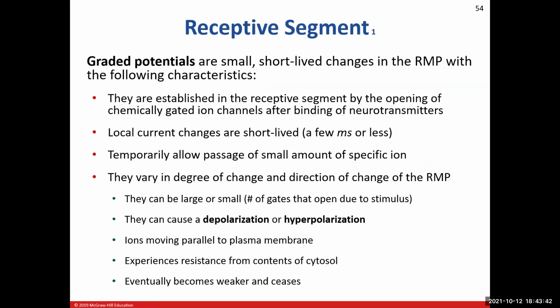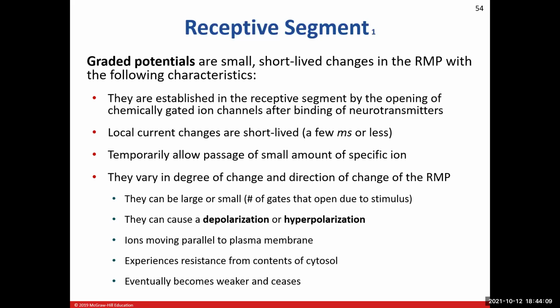The receptive segment is going to be the cell body and the dendrites, but there's not going to be an action potential that occurs in the receptive segment. The only place that an action potential can occur is the initial segment, which is the axon hillock, and the conductive segment, which is the axon. In the receptive segment, we have something different.